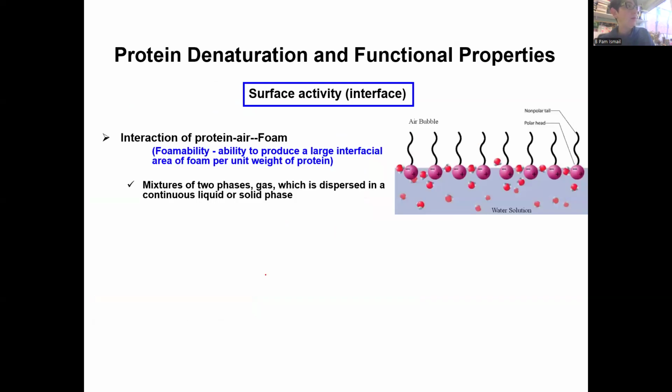So last here we have the foam. In this case, you have the protein interacting with the aqueous phase, or it can be a lipid, a fatty layer, where you have a mixture of aqueous, fat, and air. The protein tries to orient itself in a way that provides stability around the air bubble.